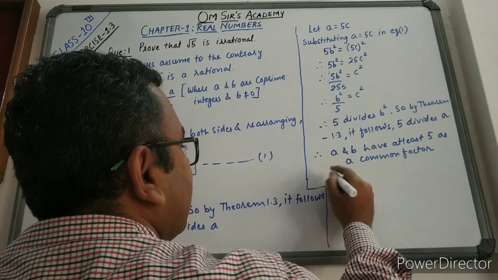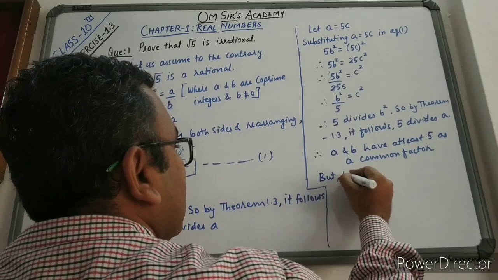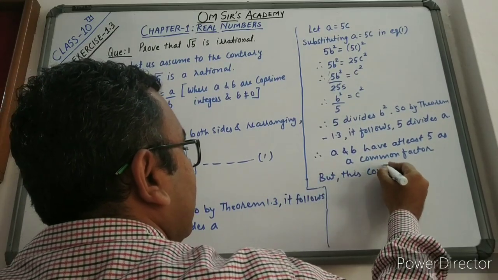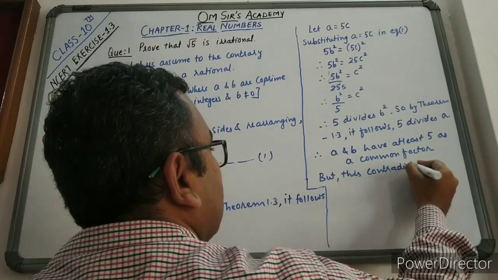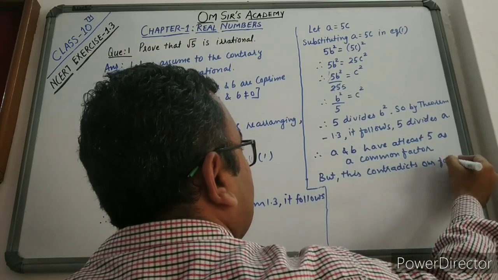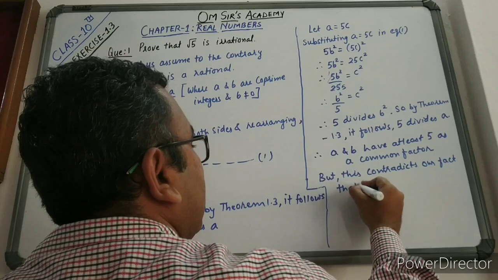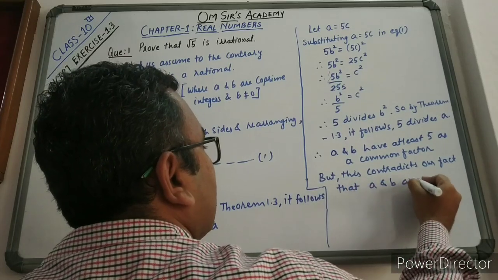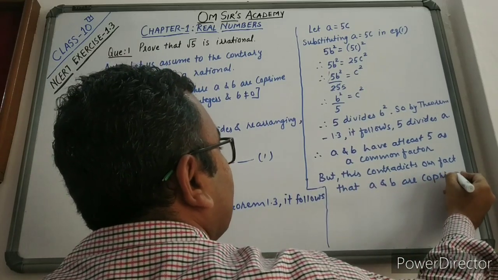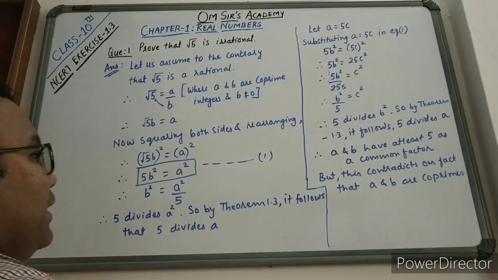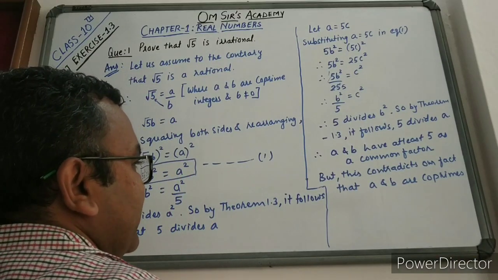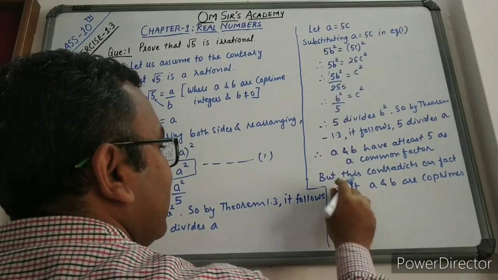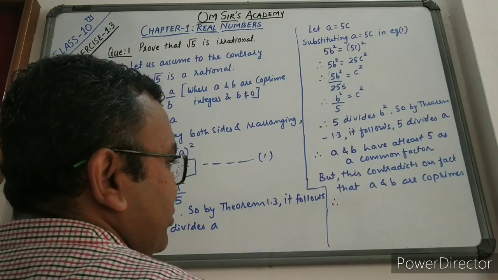So therefore, this contradicts our fact that a and b are co-primes. ठीक है, ये हमारे fact से contradict कर रहा है कि a and b co-primes हैं. Therefore, whenever there is contradiction, our assumption is wrong.